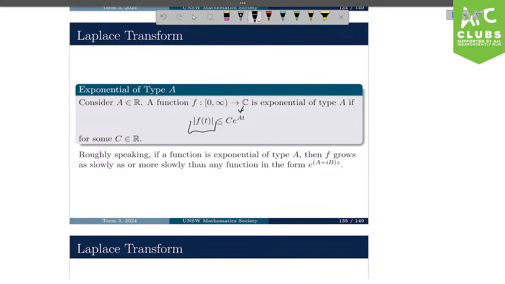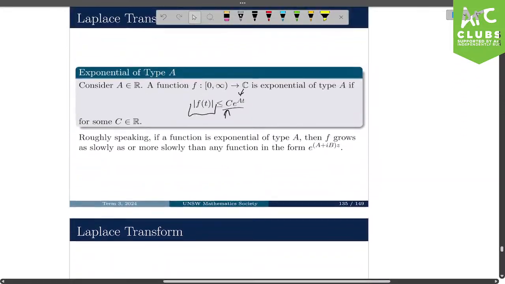So the exponential coefficient is A, the actual coefficient is C, okay? C is just some real number that is sufficiently large, has to be finite. You can't say, oh, C goes to infinity, therefore it is every exponential type. No. All right. So it's just saying the absolute value of that function is less than or equal to this manner of expression.